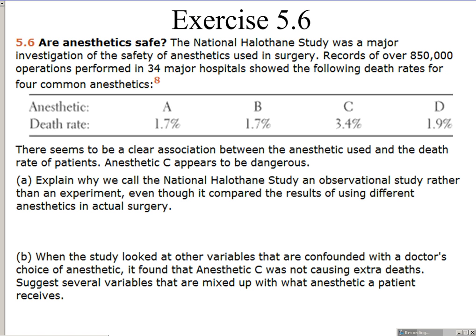Okay, so really when we look at this, there's 4 different anesthetics, and that would be the treatment, the type of anesthetic that the patient received. But why is this an observational study? Well, because we looked at hospital records that had already been done.